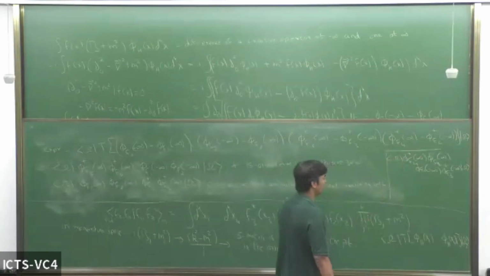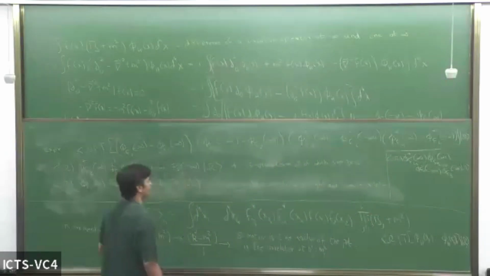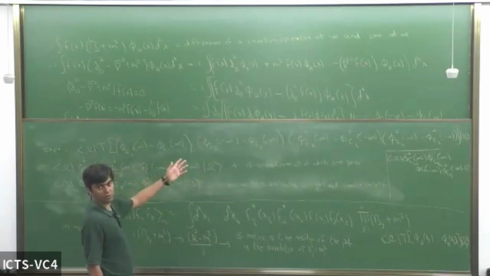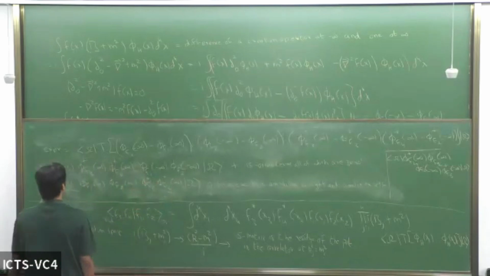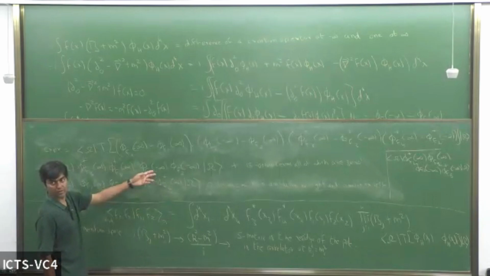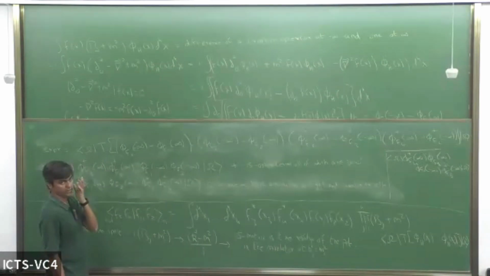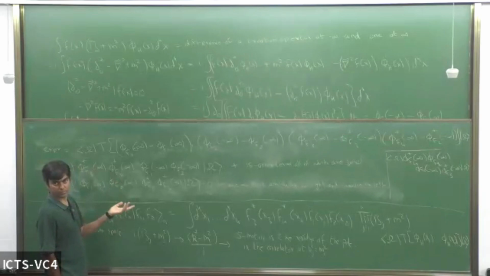So we can keep playing this game, but it's pretty obvious that the only term that will contribute is the one where you pick up the creation operators at minus infinity and the annihilation operators at plus infinity. If you try to do anything else, you'll get 0.